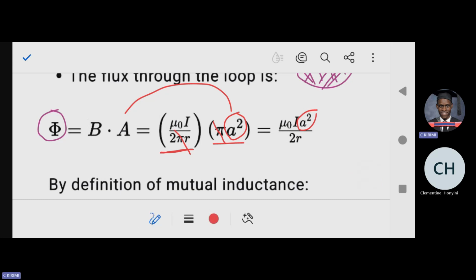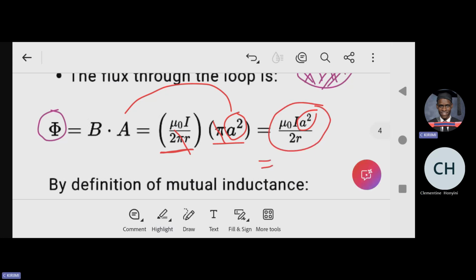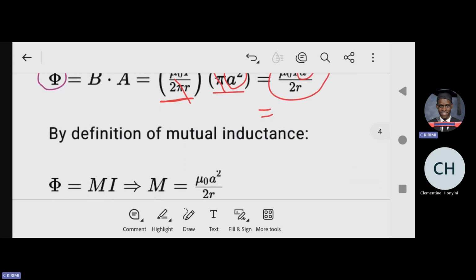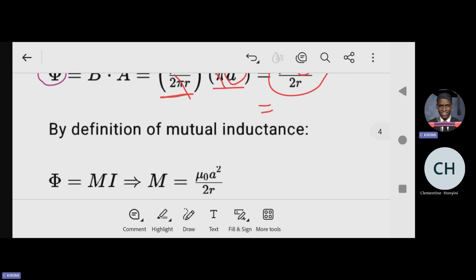From the above equation, we found that the flux is equal to what is there on the numerator. This is our flux. So if I want to find the mutual inductance, we are going to work from the equation of the flux.